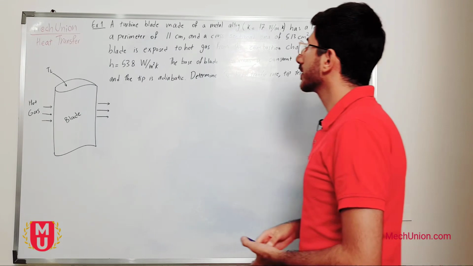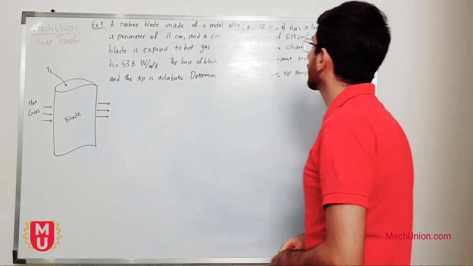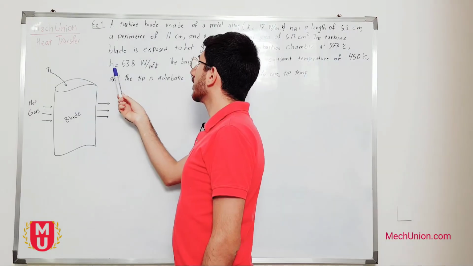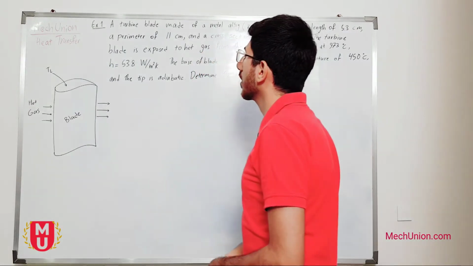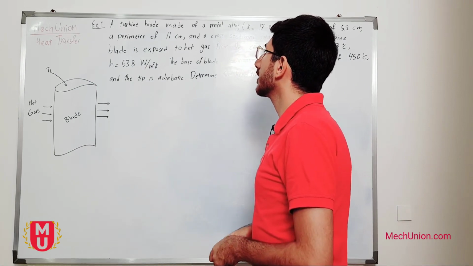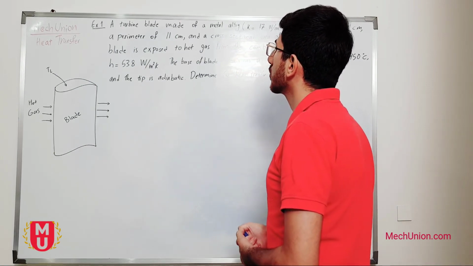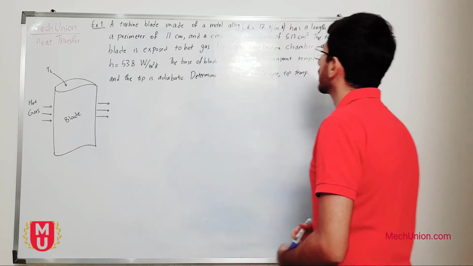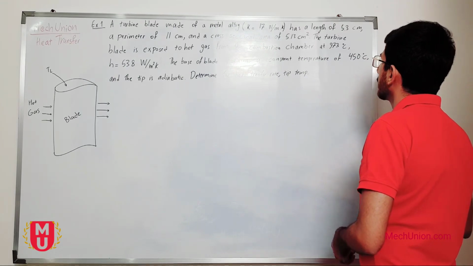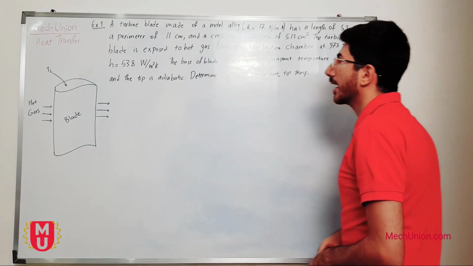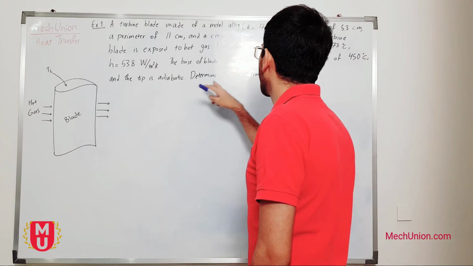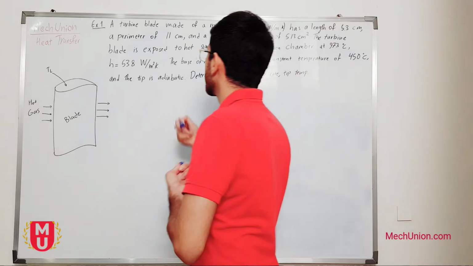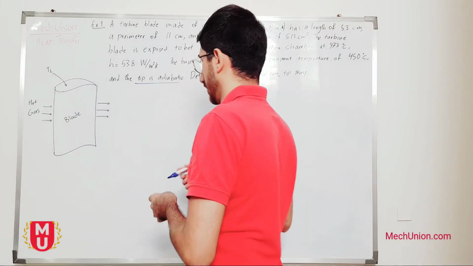The turbine blade is exposed to hot gas from the combustion chamber at 973 Celsius and with a convection heat transfer coefficient of 538 watt over square meters times Kelvin, and the base of the blade maintains a constant temperature of 450 Celsius and the tip is adiabatic. Determine the heat transfer rate and tip temperature. It is clearly said that the tip is adiabatic.